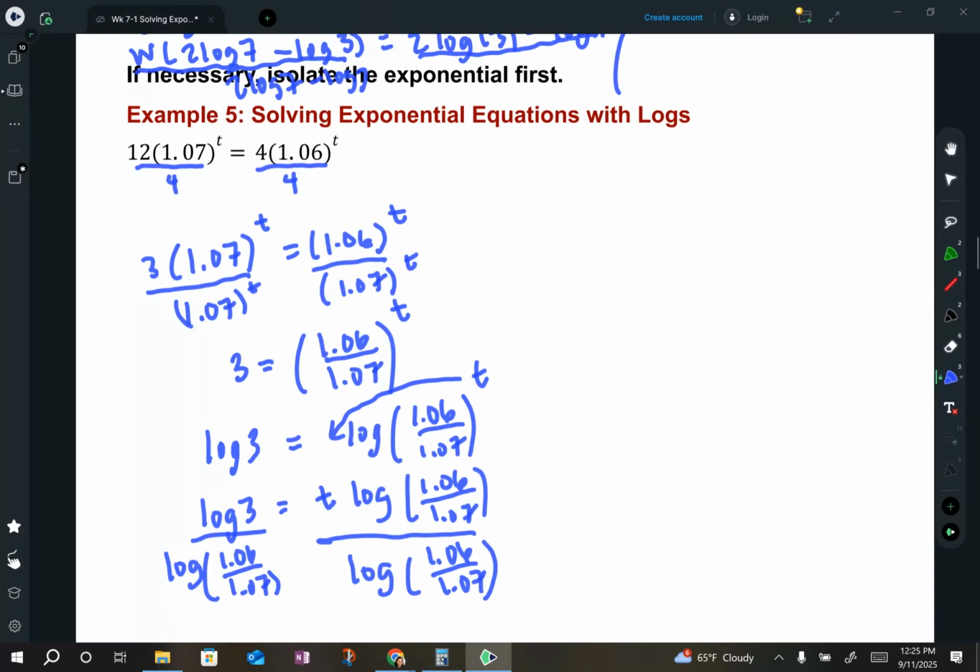So my final answer is t equals log of 3 divided by log of 1.06 over 1.07.